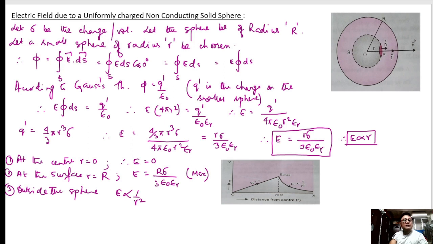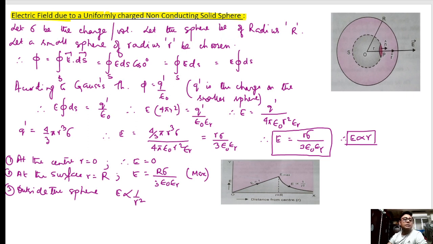So friends, next, you want to find out the electric field due to a uniformly charged non-conducting solid sphere.